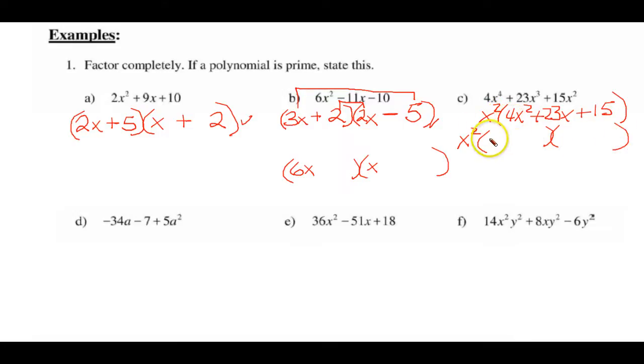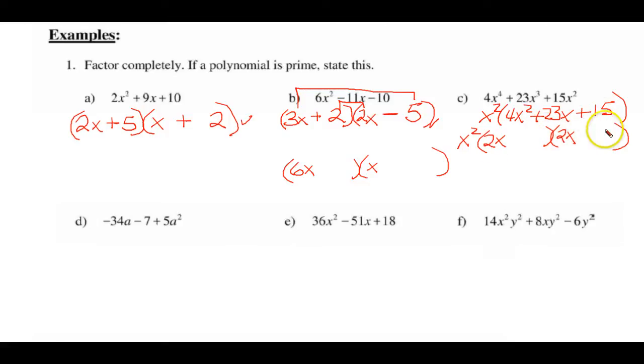Now we could get a 4 and a 1, or a 2 and a 2. And I don't know which one it is. So let's try a 2x and a 2x. Okay, we're guessing and checking.